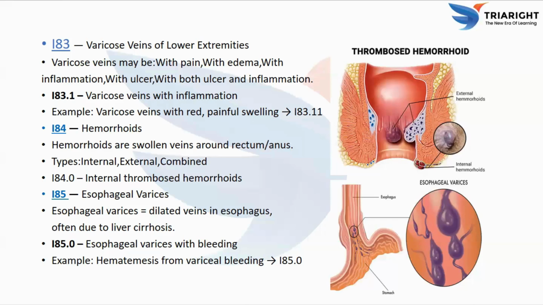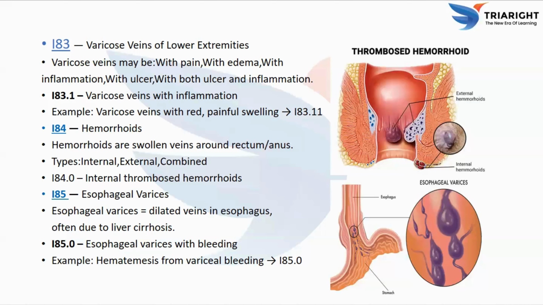And next, esophageal varices, I85. The I85 code is assigned for esophageal varices. So what do you mean by esophageal varices? How do you define it? Esophageal varices are dilated, that is swollen, veins in the esophagus, usually due to liver cirrhosis.